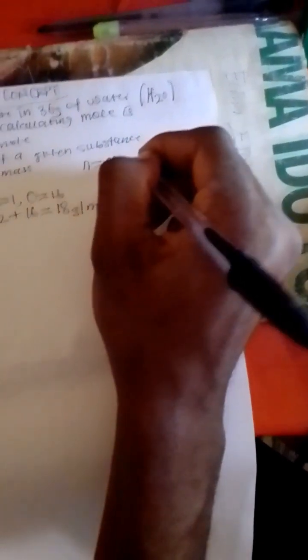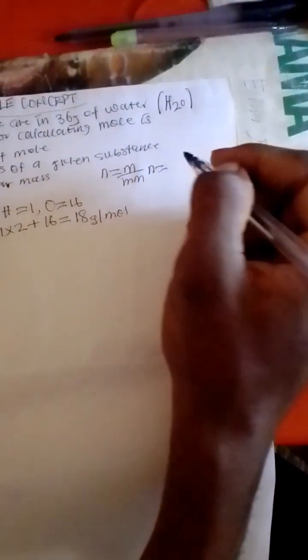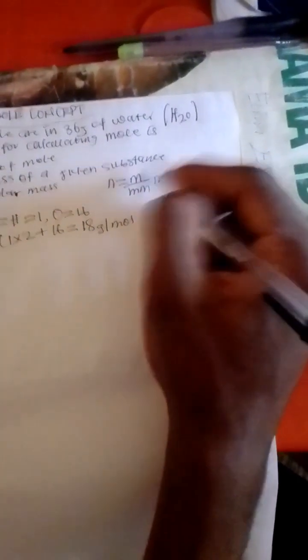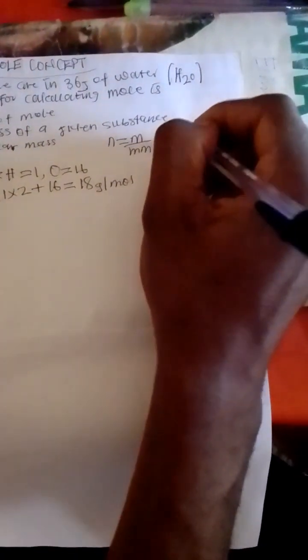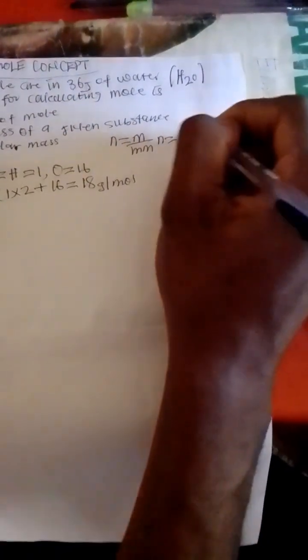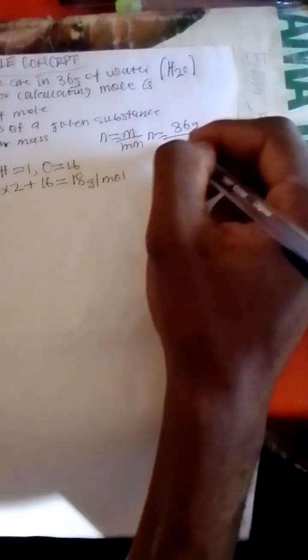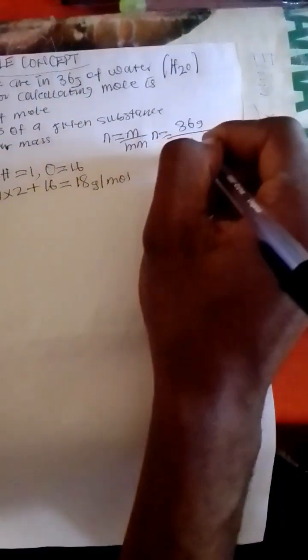So now let's put it into the equation. n is equal to m over Mm, which is n equals the mass, 36 gram, and the molar mass that we have just calculated, the molar mass of water, is 18 gram per mole.